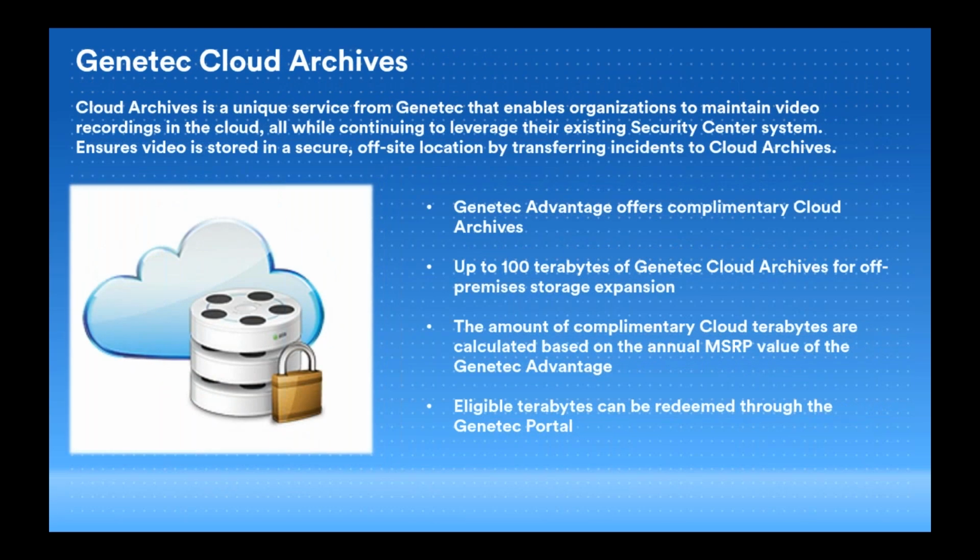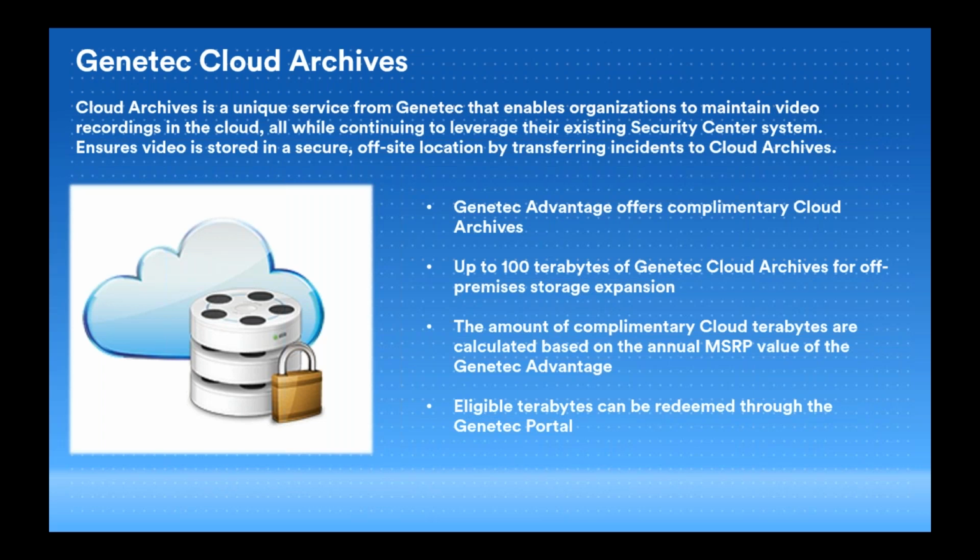The Genetec Cloud Archives would also be another complementary benefit, and customers can receive up to 100 terabytes of the Genetec Cloud Archives for off-premise storage expansion. Once again, the amount of complementary terabytes for the Cloud Archives would be calculated on the annual MSRP value of the Genetec Advantage contract.